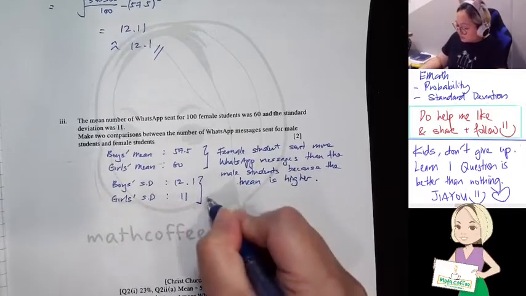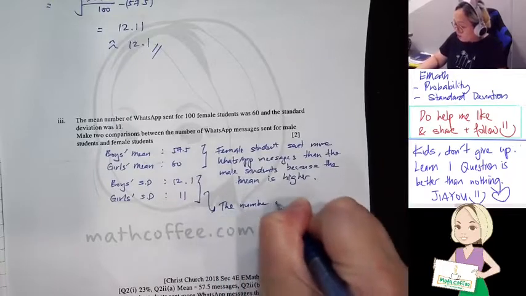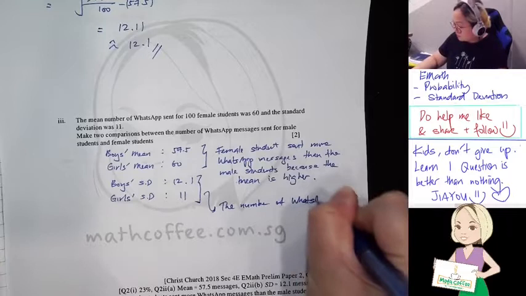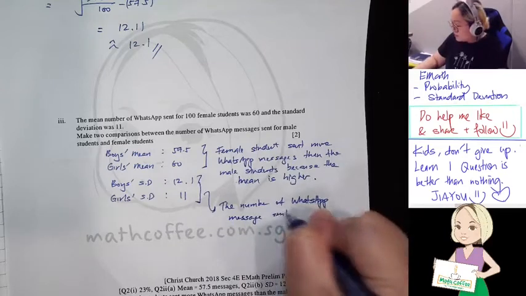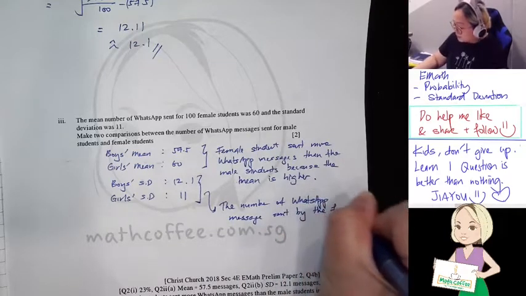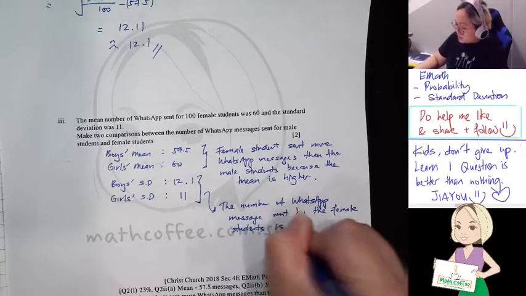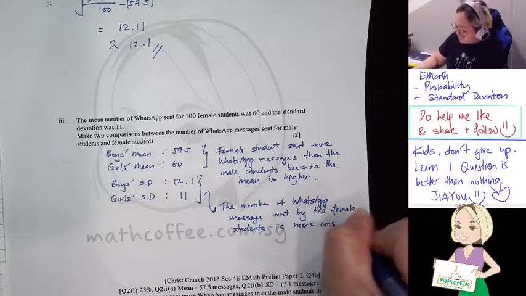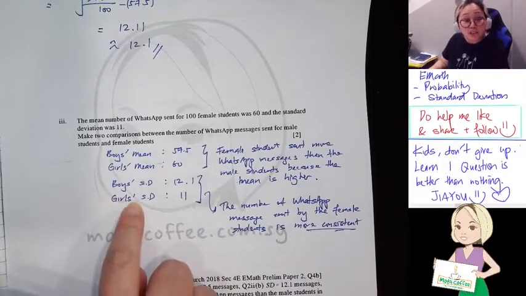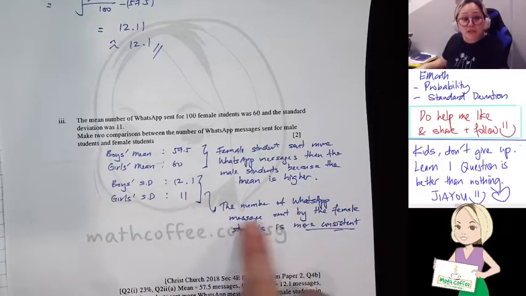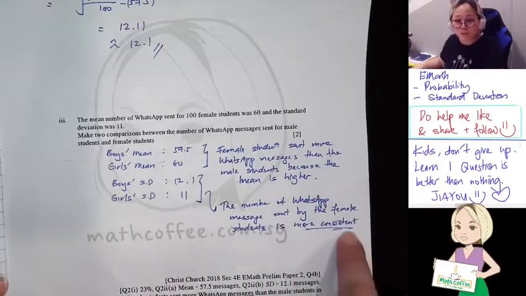So based on this, you will give the statement that the number of WhatsApp messages sent by the female students is more consistent. The keyword is more consistent because it has a lower standard deviation, which means the data is almost the same number, very packed together. That's why it's called more consistent. You understand?